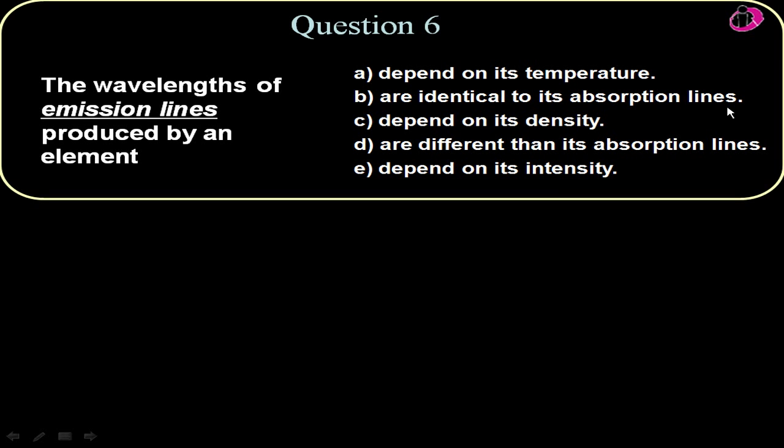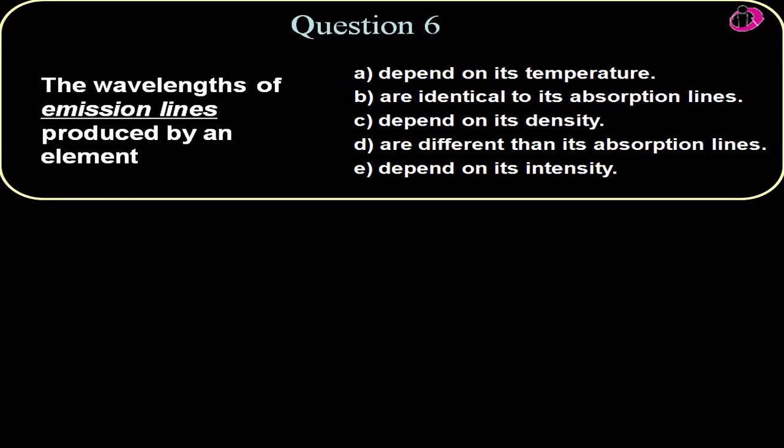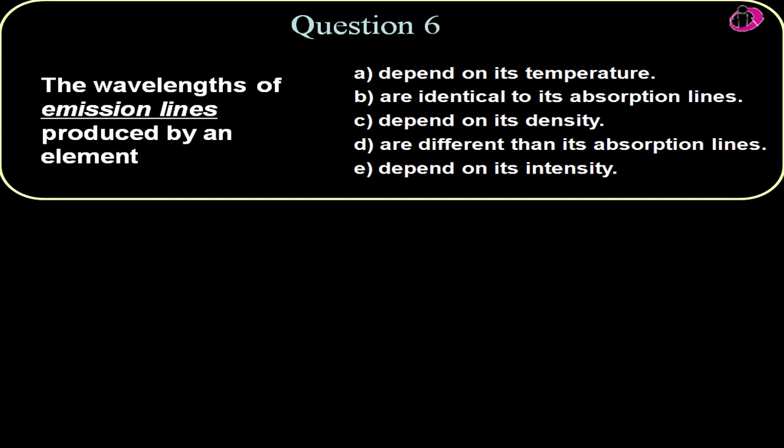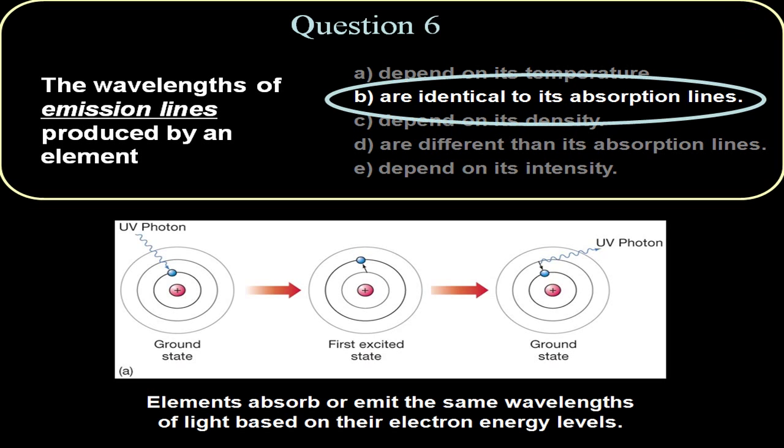And you can see that fingerprint if it emits as an excited gas or if it absorbed just those frequencies from a continuous spectrum. So the lines involved for these transitions of energy are the same lines in either case. Same transitions, same energies, same frequencies. So the wavelengths of emission lines are the same as the wavelengths of absorption lines.